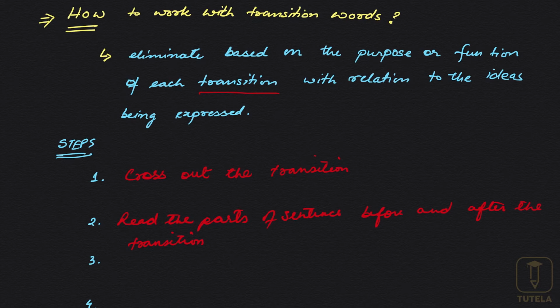The moment you've read it, you will get a basic idea of what the two sentences or two parts of the sentence are indicating, whether they are in the same direction, whether they are similar ideas, or whether they are different ideas.